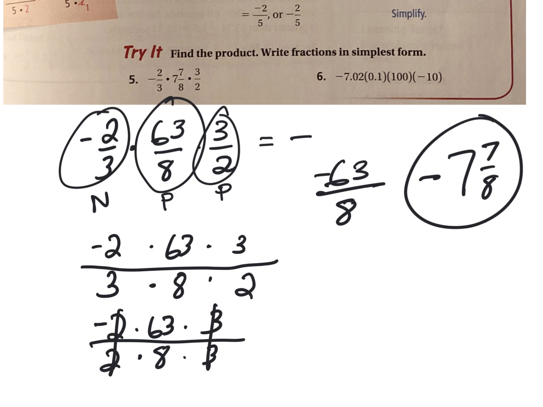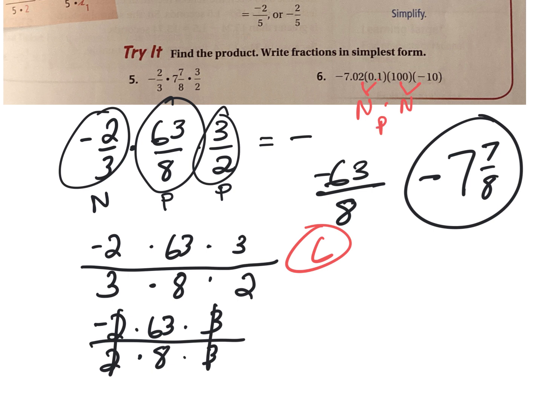Now, number 6, because it's a decimal, I'm just going to use my calculator in this one. But it's a negative times a positive, so that gets me a negative. And then I have a positive times a negative, that gets me a negative. And the negative times a negative is going to get me a positive.